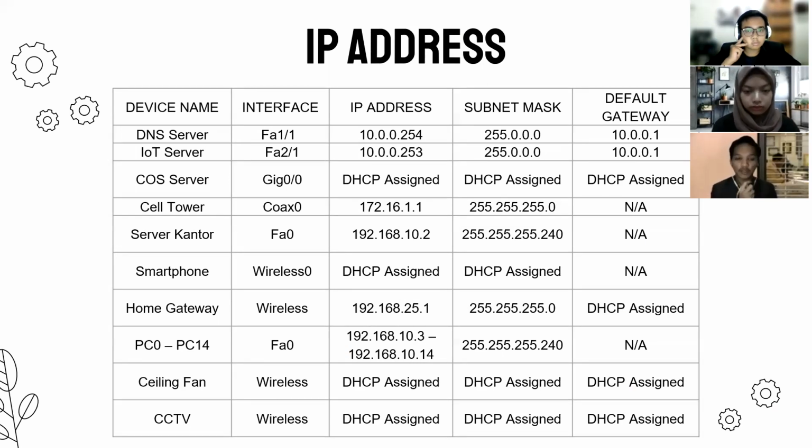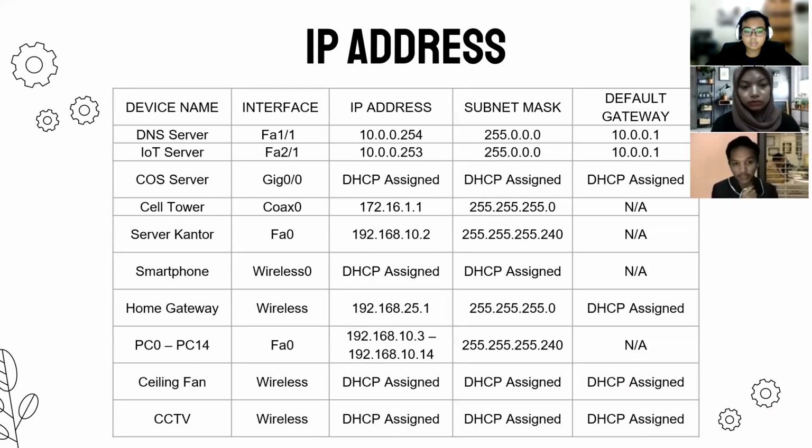And the home gateway, the most important device in our project, uses a wireless connection with IP address 192.168.25.1, subnet mask 255.255.255.0, and the default gateway is dynamically assigned.